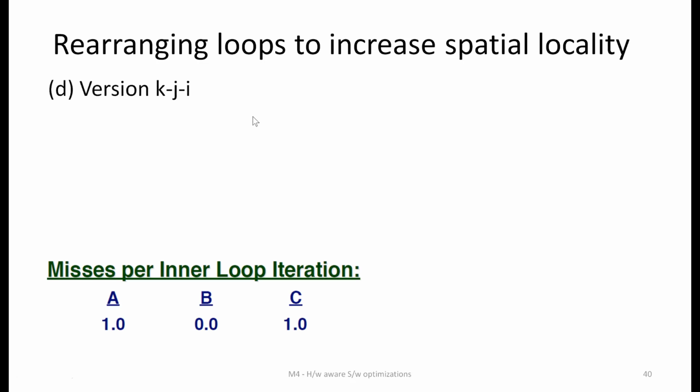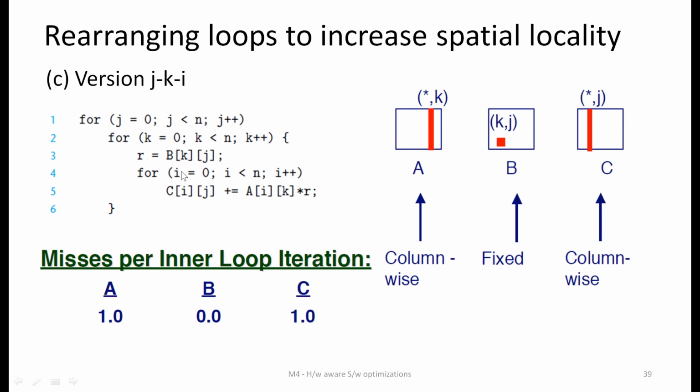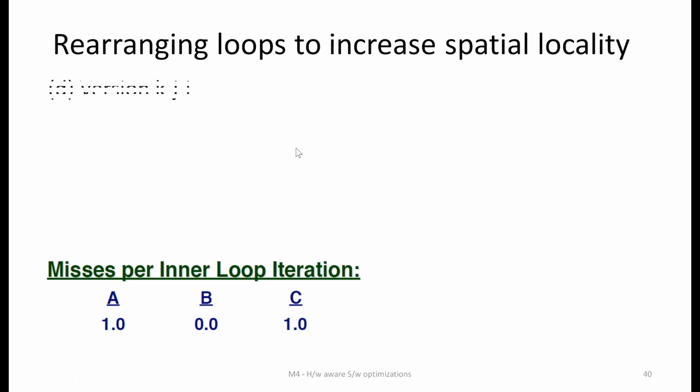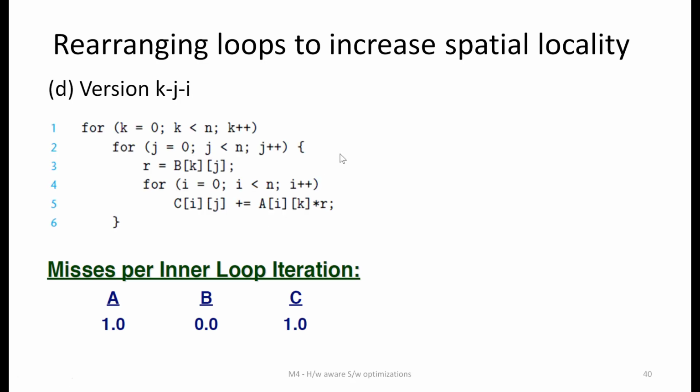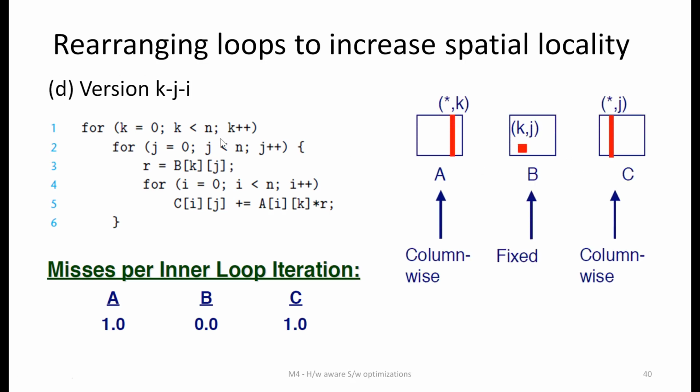Another arrangement is kji here. So this also has a similar performance as the previous jki. So i is the innermost loop, followed by j, and the outermost loop is k. And similar to the last version, the innermost loop will be accessing the matrix A, one per row, an entire column.